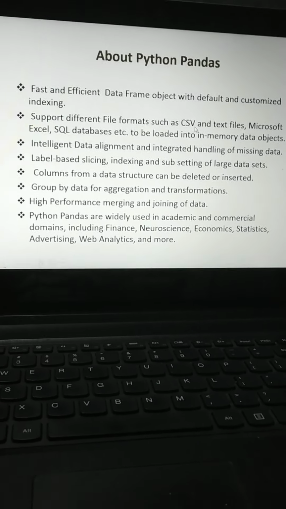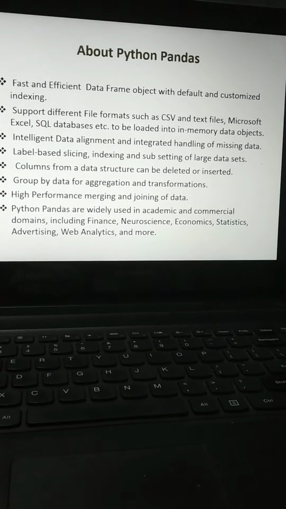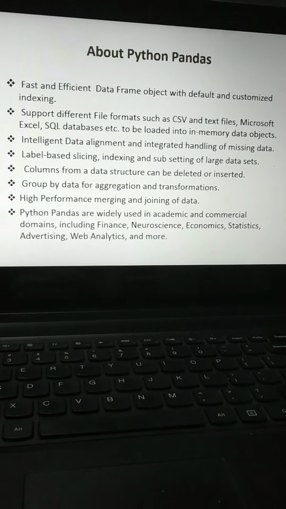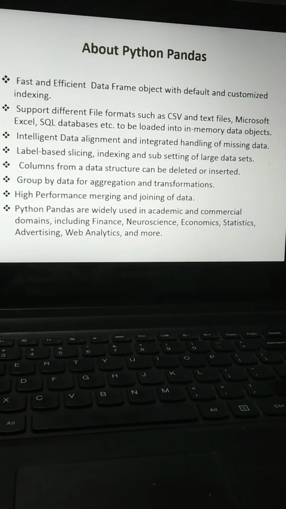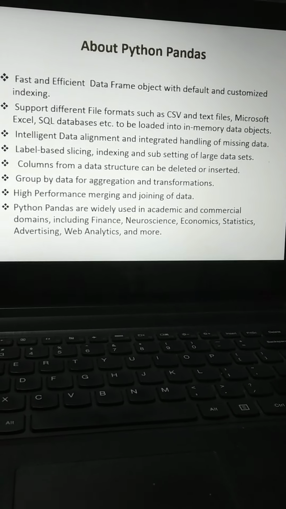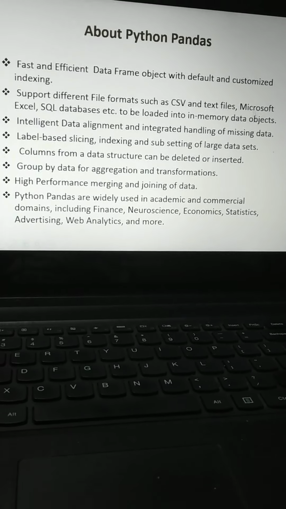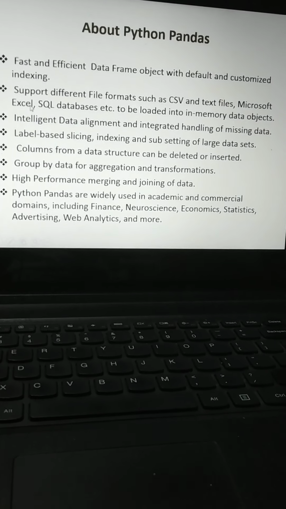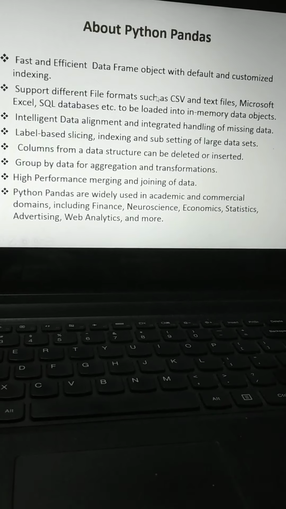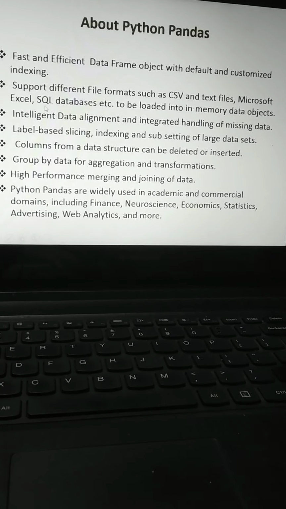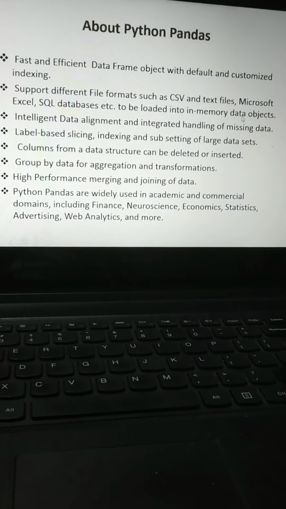Later on in this chapter we will see how to create a CSV file, how to transfer data from a SQL database to the CSV file, and then from the CSV file to the SQL database, across any platform. Microsoft Excel file data can also be exported from a Python Pandas data frame to the Excel file, SQL database, etc., to be loaded into the memory.